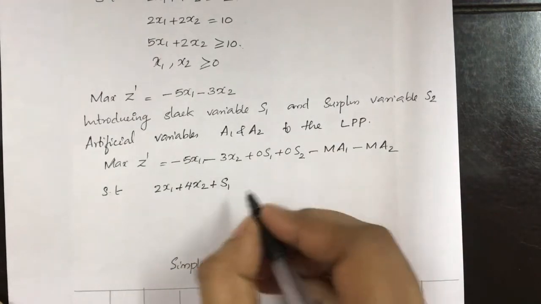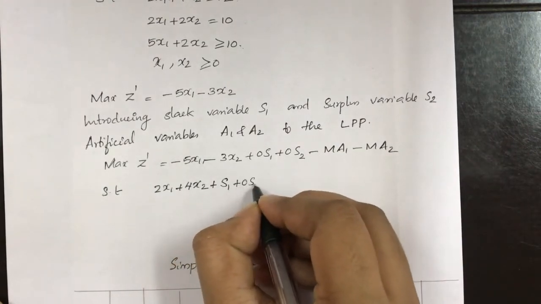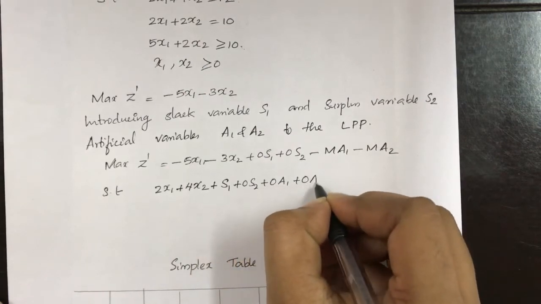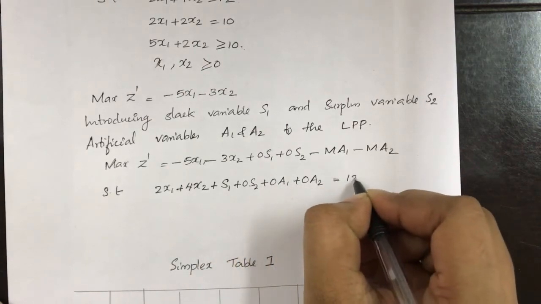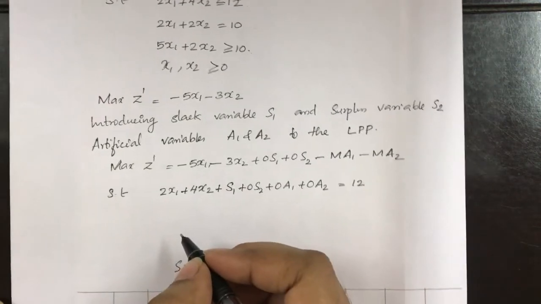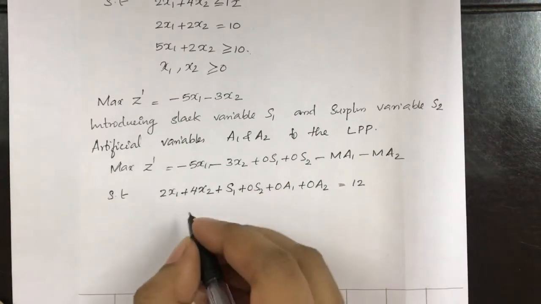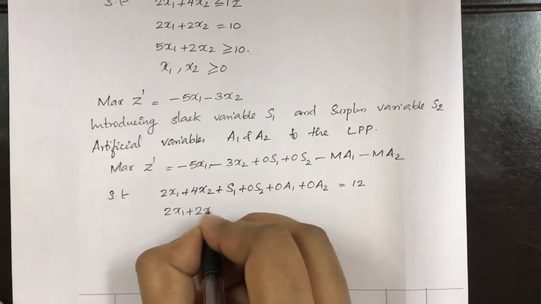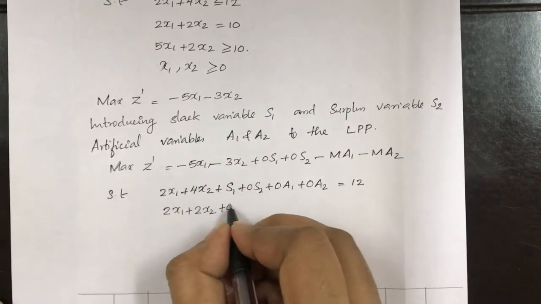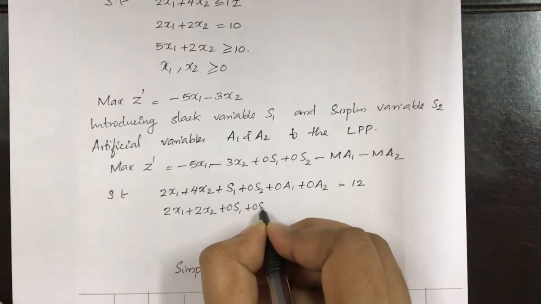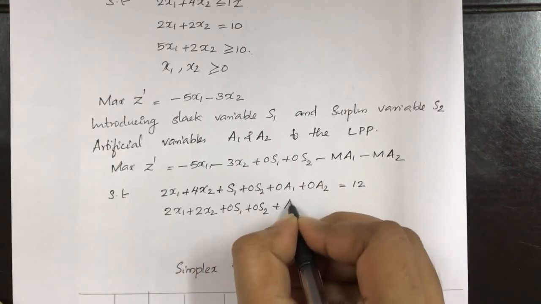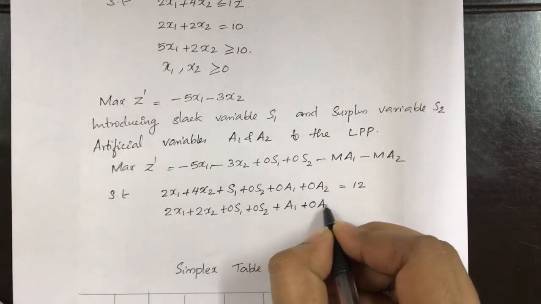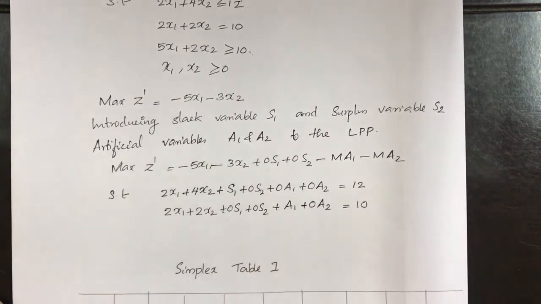So 1s1 plus 0s2 plus 0a1 plus 0a2 equal to 12. Second constraint, that's an equation. 2x1 plus 2x2, there is no s1 term, no s2 term, there is an artificial variable a1. So plus 0a2 equal to 10.